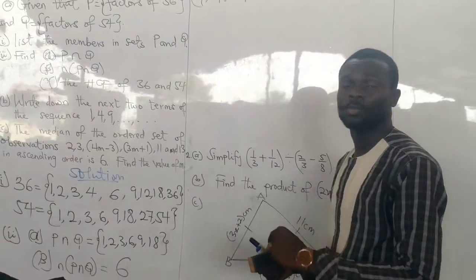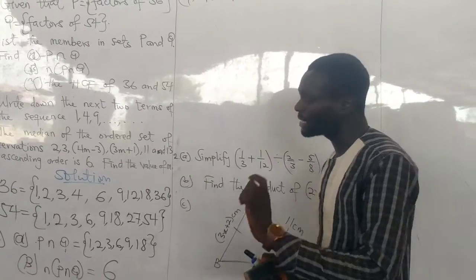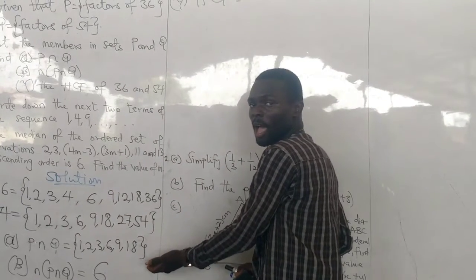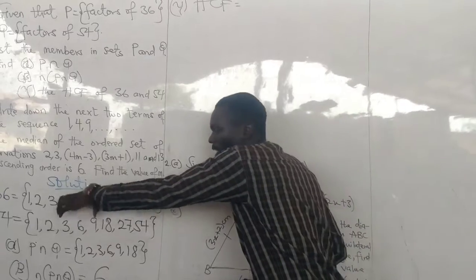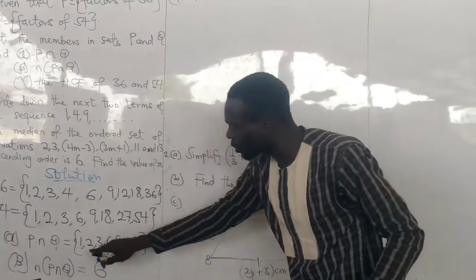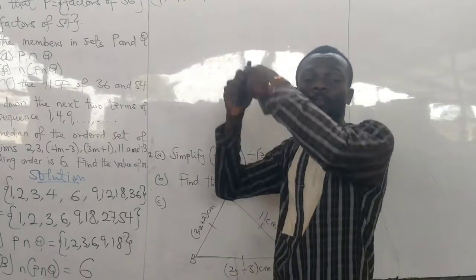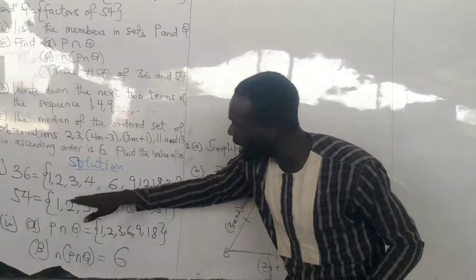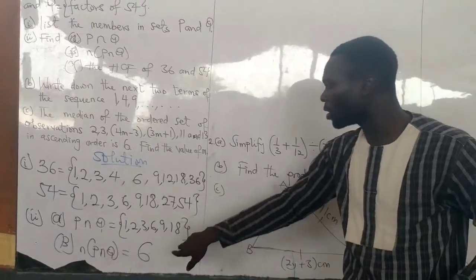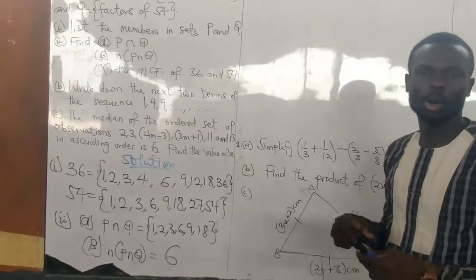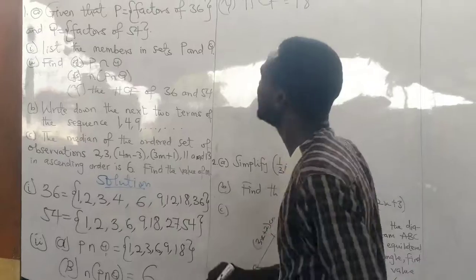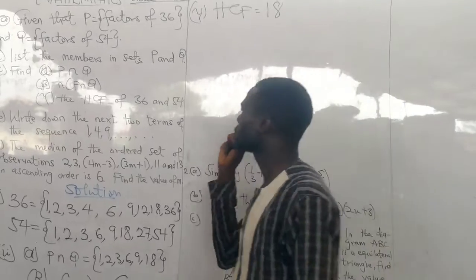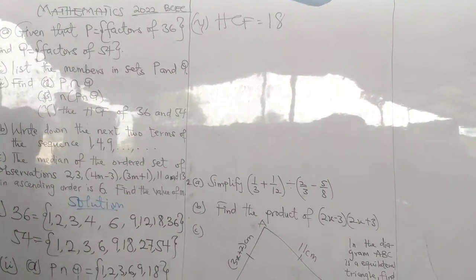You look for the common factors. The common factors are the same as the P intersection Q, which we've done here. After finding the common factors from the factors of both, you then use the common factors to look for the highest common factor. So if you look at the P intersection Q, it is the same as common factors. And out of the common factors, you can fish out the highest common factor, which is 18. So the highest common factor of 36 and 54 is 18. So this was what was expected from us last year.